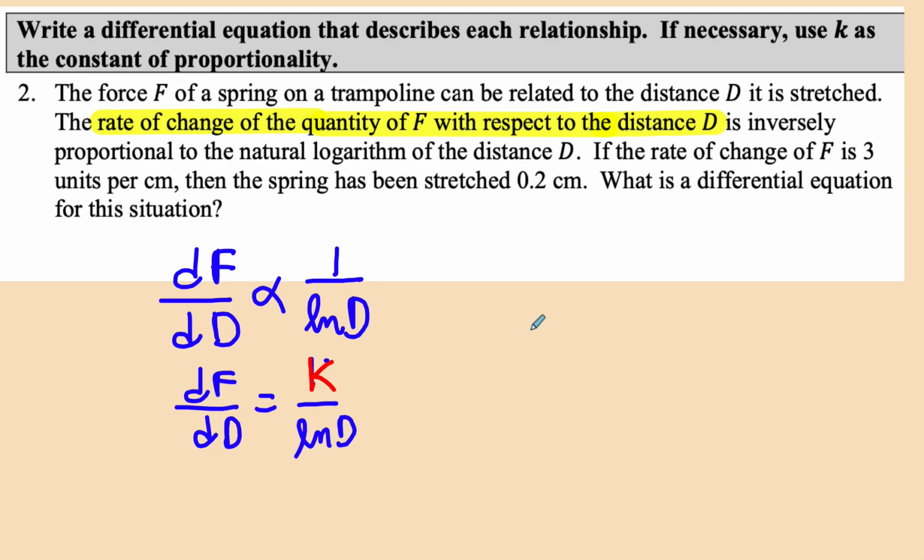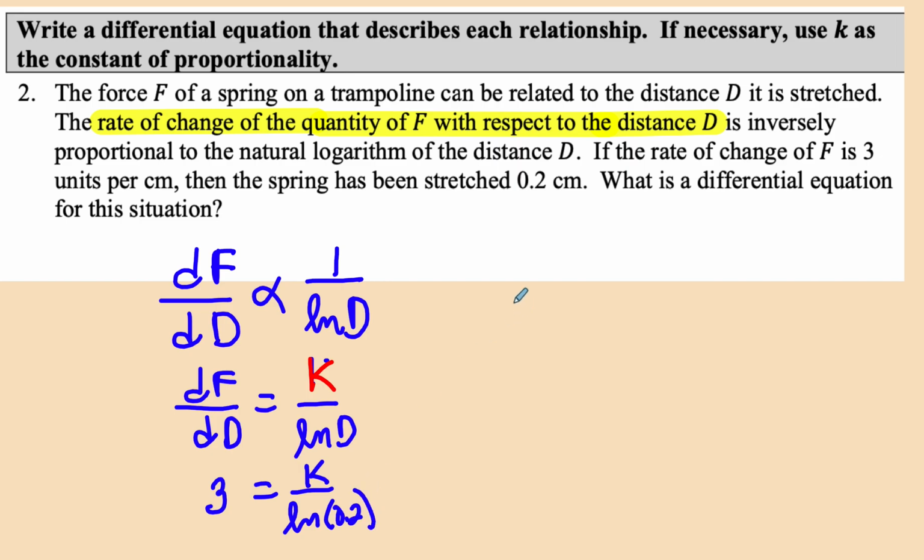Now they're giving us some more information, and this extra information is going to allow us to figure out what k is. So they say the rate of change of f is 3, so this portion is 3, is equal to k, and then they say the spring has been stretched amount of 0.2.